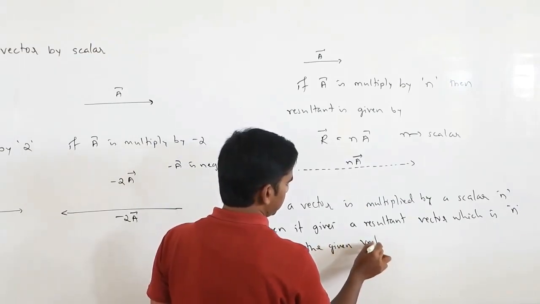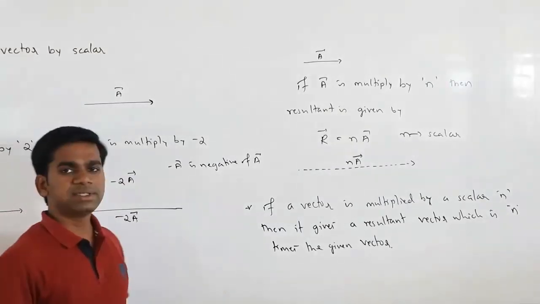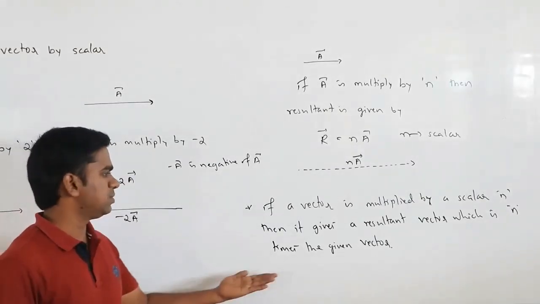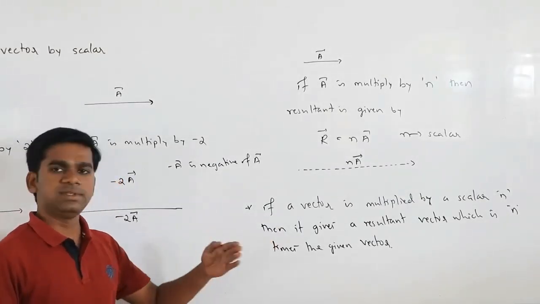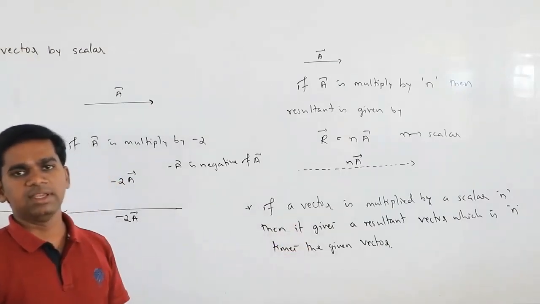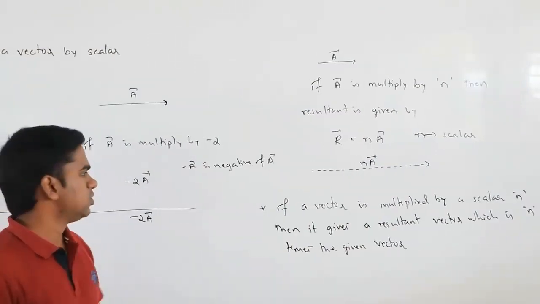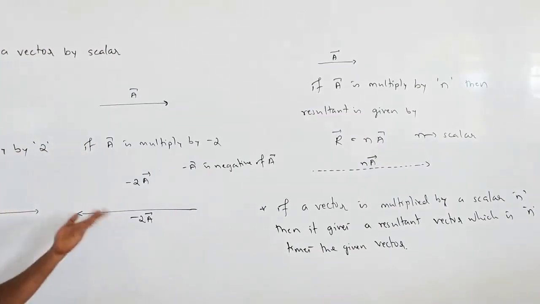Okay, so very simple. So if a vector is multiplied by scalar n, then it gives a resultant vector which is n times the original vector. If a is given and you multiply by n, it will give n into a. n may be negative also.